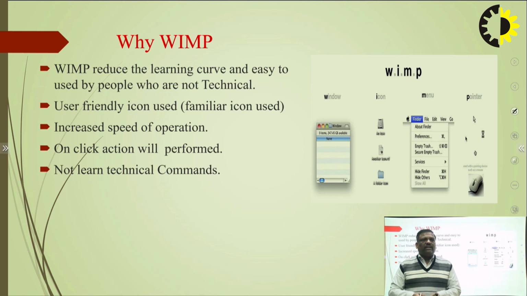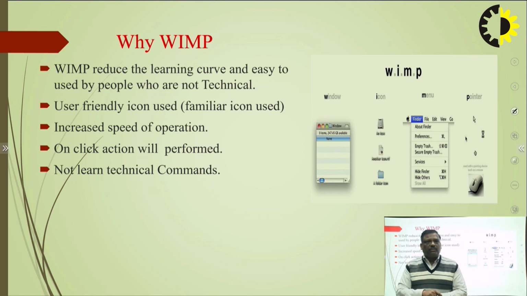It is user friendly, because when we use an icon, suppose a folder, a folder image appears. My Computer has a computer image there. So we use very familiar icons in WIMP. If we use familiar icons, then obviously the speed of operation will increase.